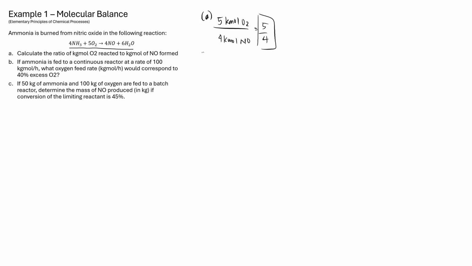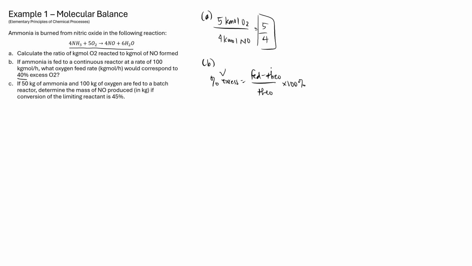Next. What oxygen feed rate would correspond to 40% excess O2 if 100 kilomole of ammonia is fed? So let's remember, percent excess is fed minus theoretical over theoretical times 100%. Percent excess is given, this one.